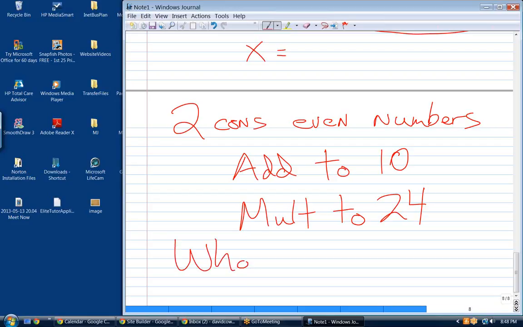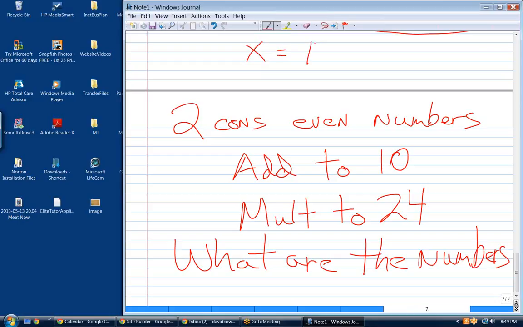What are the numbers? So x is what? I could say x is the first number and y is the second number. You see what I'm getting at?